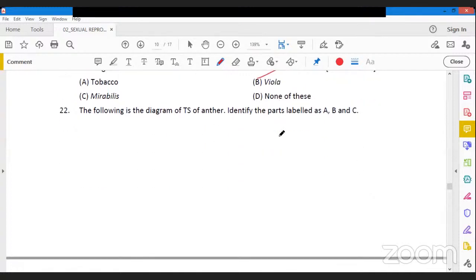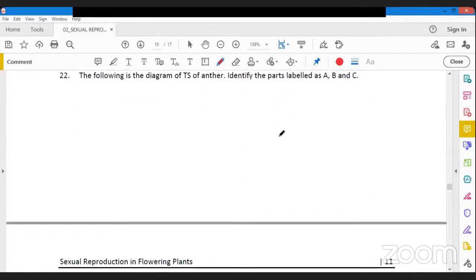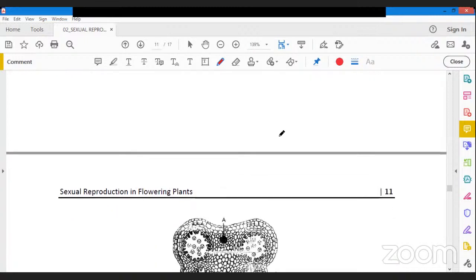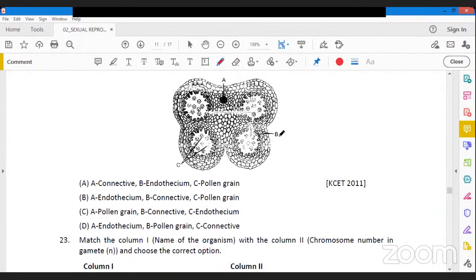Okay, the following diagram is the T.S. of anther. Identify the parts labeled as A, B, and C. A is the connective here. What is B? B is endothecium. What is C? Pollen grain.